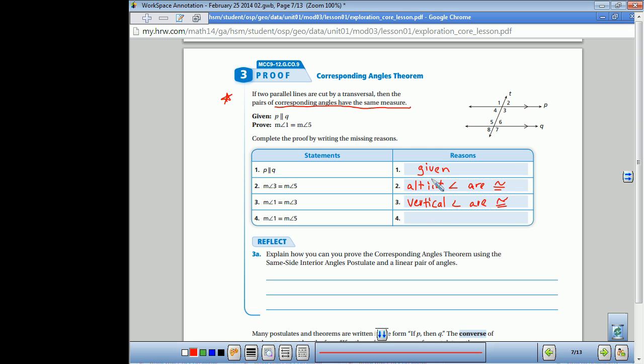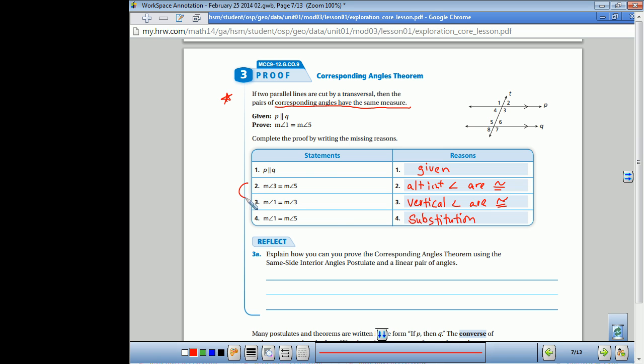All right. Were y'all able to get 1, 2, 3 by yourself? All right. So now let's take a look at these. 1 and 5. If this is equal to this and this is equal to this, you may have said substitution here. There's also another one I would approve.